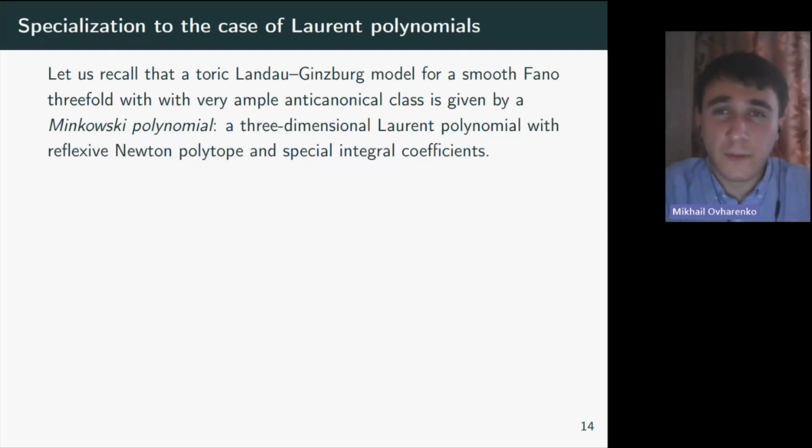Let us recall that if our smooth Fano threefold has a very ample anticanonical class, then it is given by a Minkowski polynomial, and we were able to specialize that deformation theoretic result to the case of Minkowski polynomials.